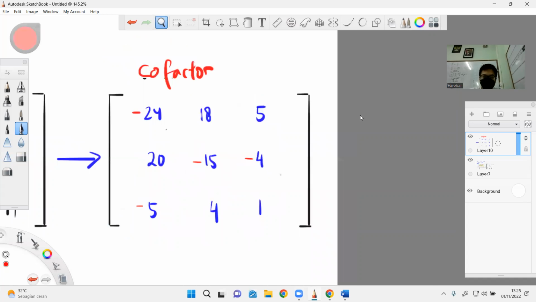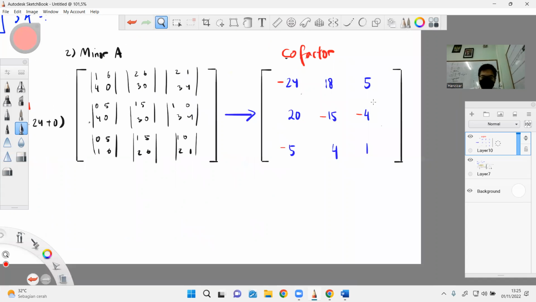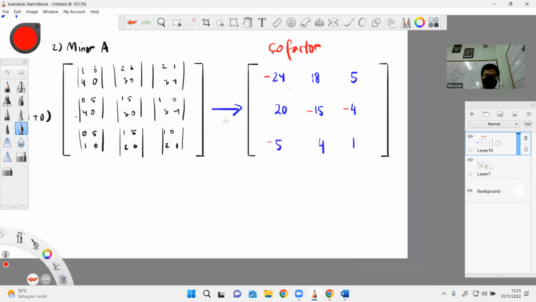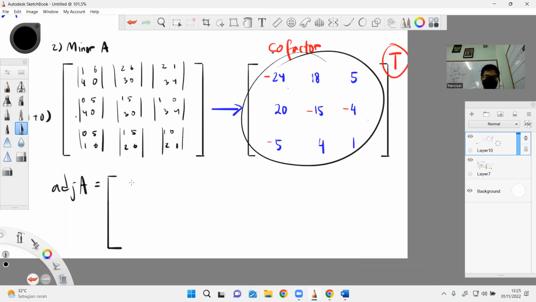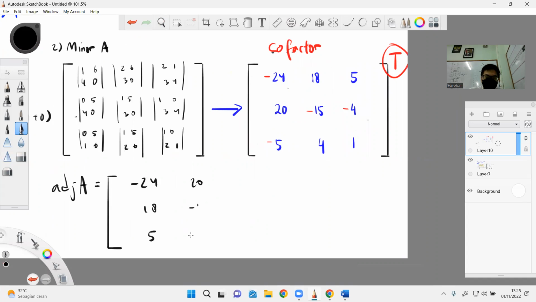And to find the adjoint, you need to transpose this cofactor. Okay, we're done. Adjoint of A. You do the transpose of this cofactor, switch: negative 24, 18, 5, 20, negative 15, negative 4, negative 5, 4, and 1.